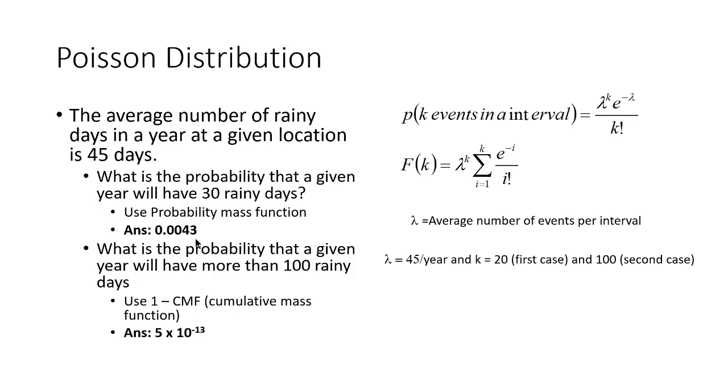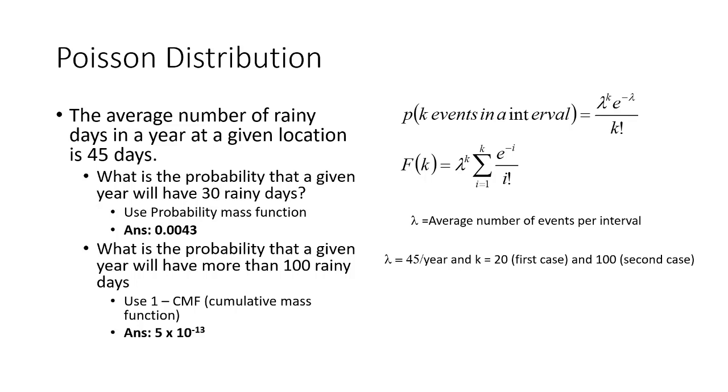So I do 1 minus the cumulative mass function, and use first the mass function with lambda equals 45, and then my i goes from 0 to 100, and that gives me the total number of rainy days up to 100. So we use the probability mass function or the cumulative mass function, and then we do 1 minus because we're interested in greater than rather than less than.